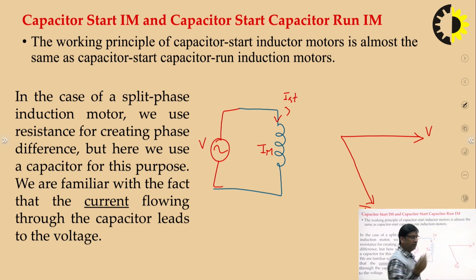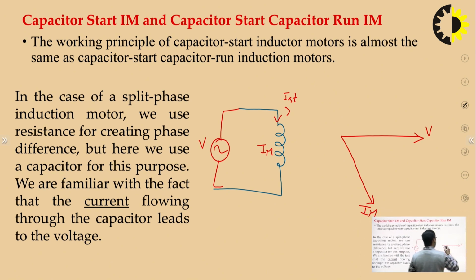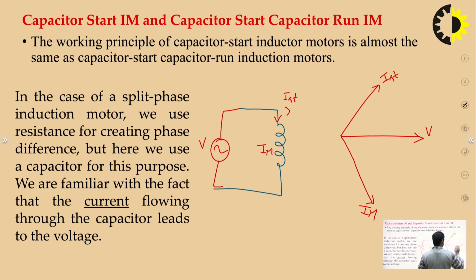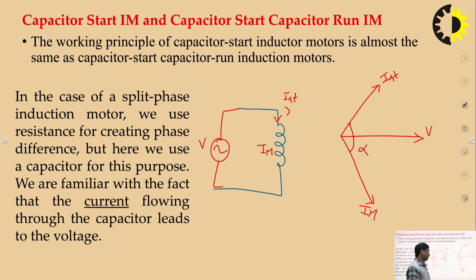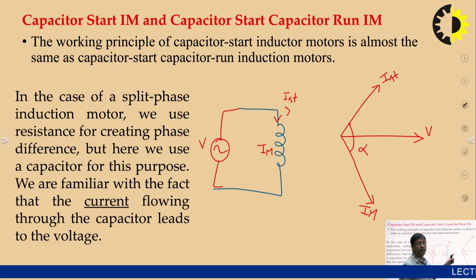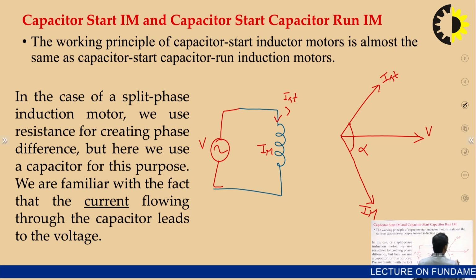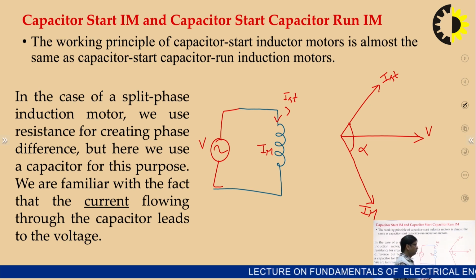And the starting current, I told you the capacitor is there, so that capacitor will lead the voltage. That is the starting current. This is the main winding current. You can say that this angle is very, very large. Because of this torque angle, this type of motor will provide better torque than your previous single phase motor. So this particular type of motor is used where we need large or better torque.